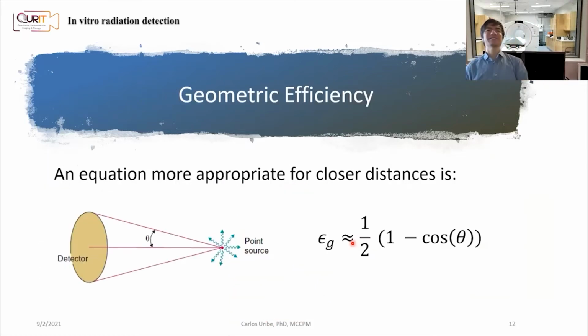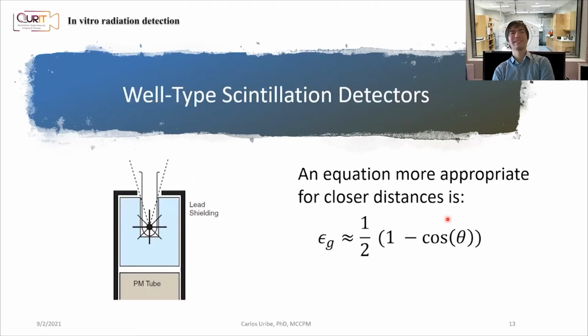An equation that is more appropriate for closer distances, when the source is not fully a point source or the detector is not too far away, looks like this. You look at the angle covered between the source and the detector, and the geometric efficiency can be approximated by this equation. There are detectors called well-type detectors.